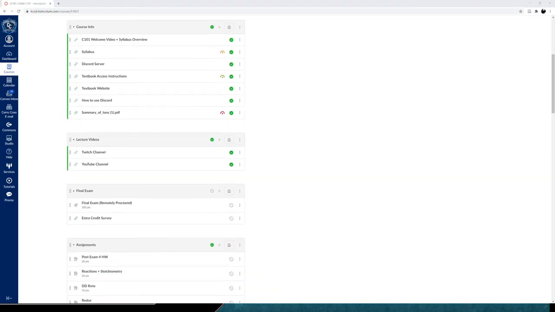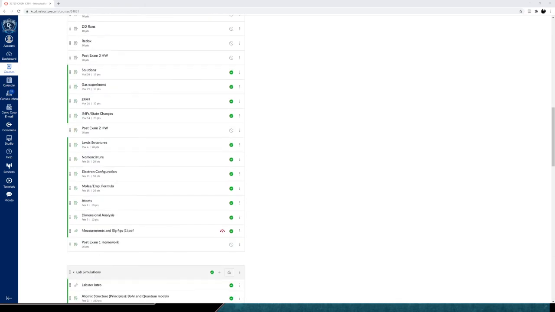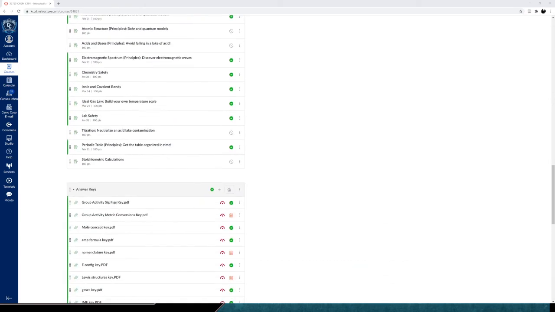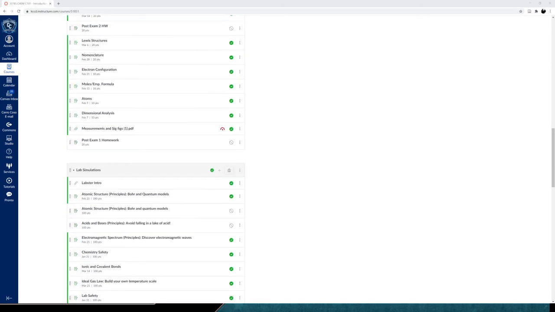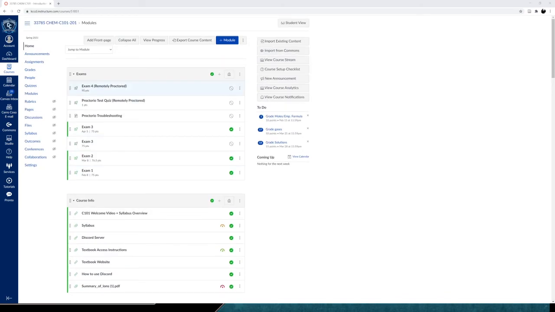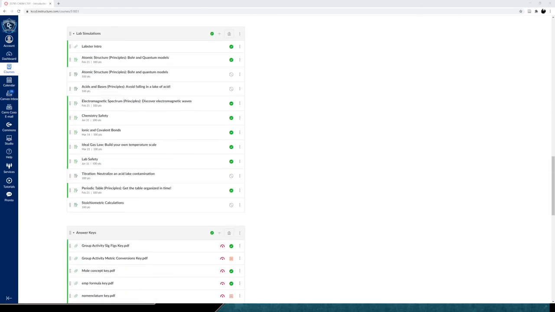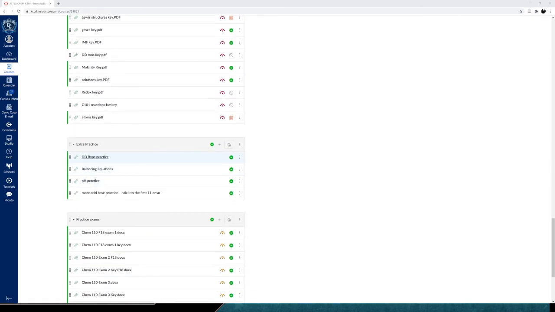All right, so let's see. Oh, I guess this is already visible for you guys. But if we go down to, for example, this double displacement reactions practice, so just going to your home page on Canvas, you go down quite a bit of ways.